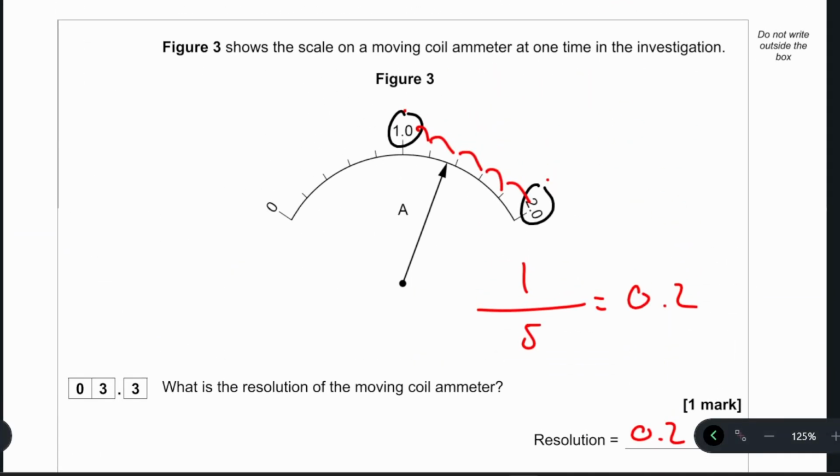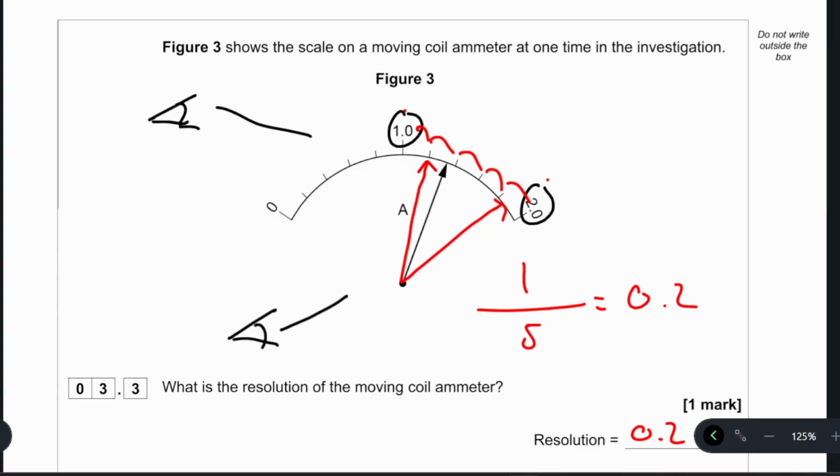If instead we look back at our moving coil ammeter, if we look at it from a position above our desk, let's say we have the ammeter at our desk and we're standing up, then what might happen is this arrow, instead of looking like it's over here, looks like it's over here, so we misread it. Whereas if we were looking from down here, then this arrow might look like it's all the way over here, so you might misread it.